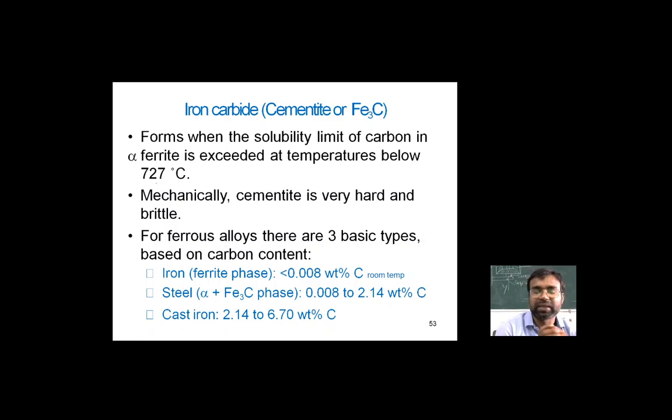And cast iron ranges from 2.14 to 6.67. So iron having 0.002 to 0.008% of carbon has a very minute carbon percentage, and it is a form of pure iron, and basically the mild low carbon alloy steel as well.